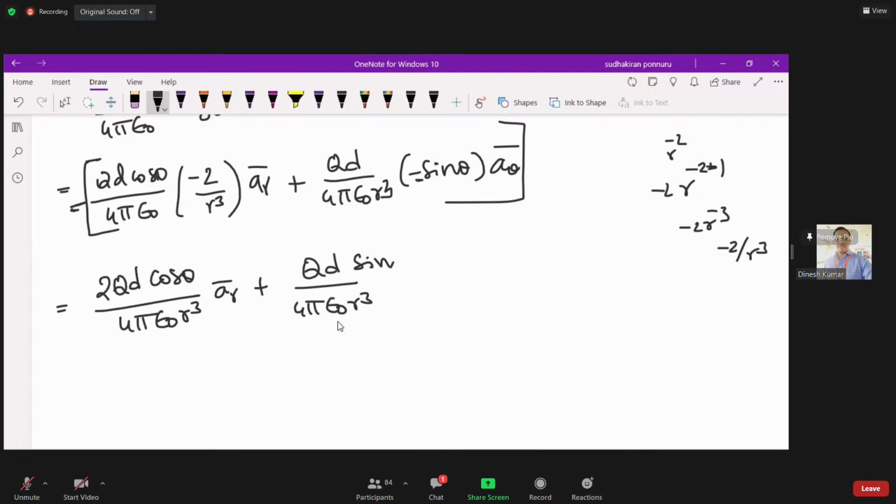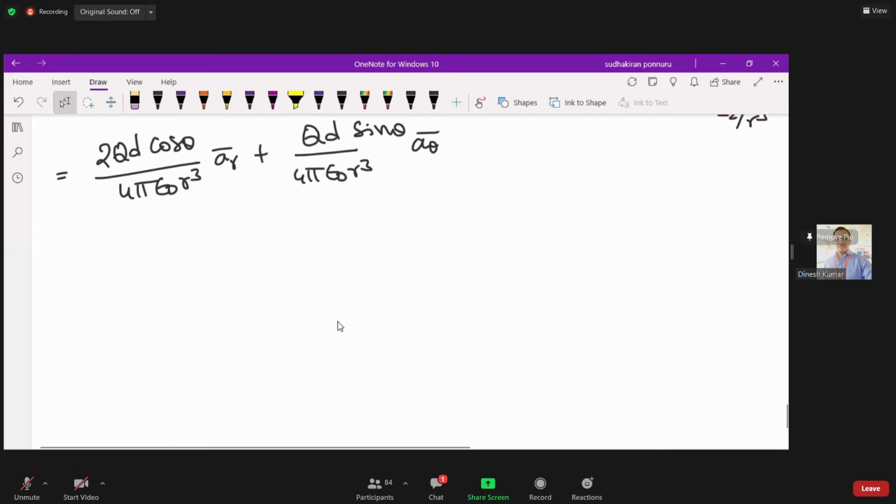So here you have the common term qd divided by 4 pi epsilon naught r cube. Taking that common, you will have 2 cos theta ar bar plus sine theta a theta bar.